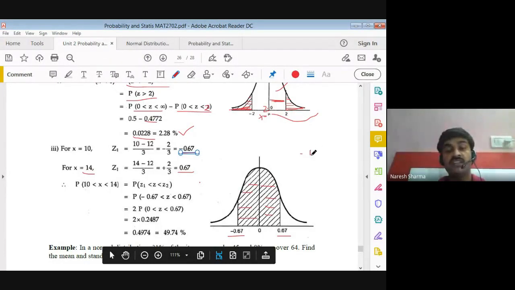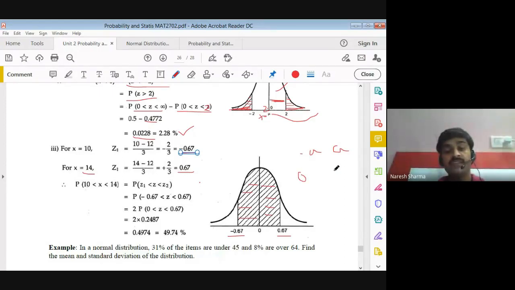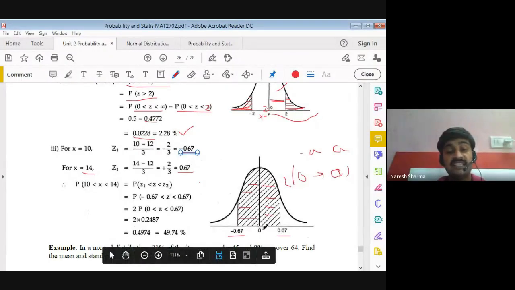Instead of minus a to a, we may say 0 to 2a, or say 0 to a, and we just take this as twice. As the area is the same on both sides, we write this as minus a to a, twice 0 to a. So now for 0 to a, you just need to check the table at 0.67.